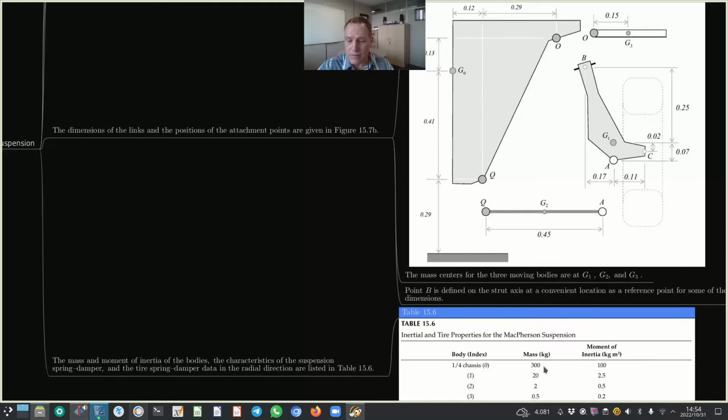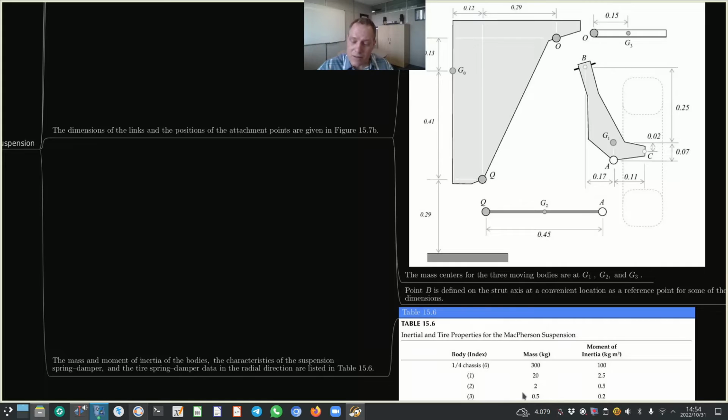Now obviously, if you don't include, for example, body 3, your multi-body system will not take into consideration the mass of 0.5 kilogram and 0.2 kilogram meter square moment of inertia. But the fact that 0.5 kilogram is so small compared to the mass of body 1 means it has a minimal influence.